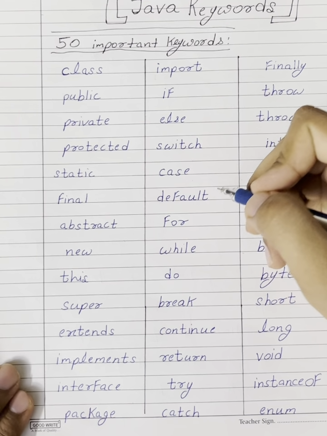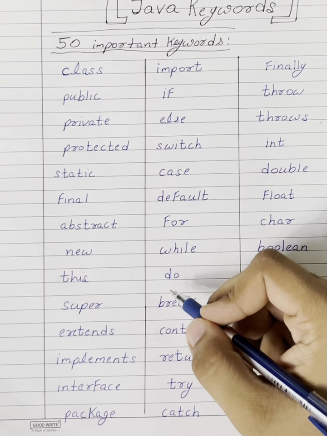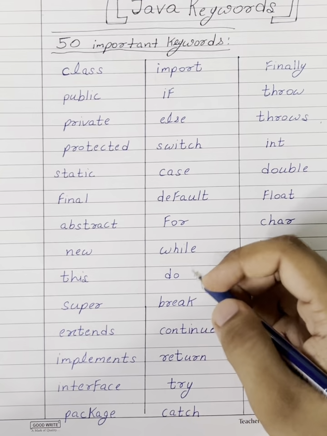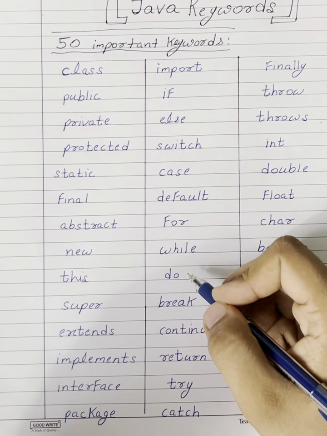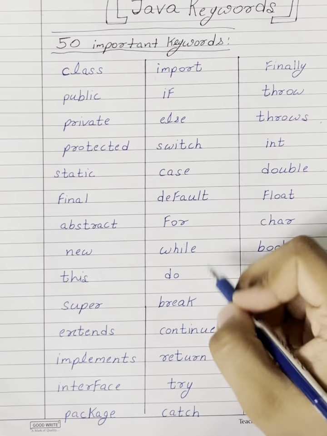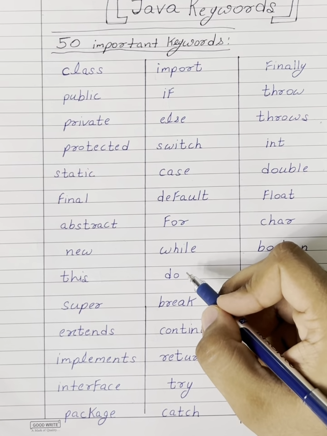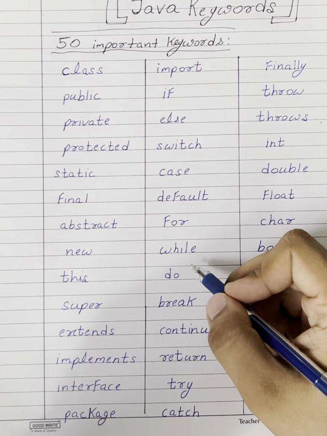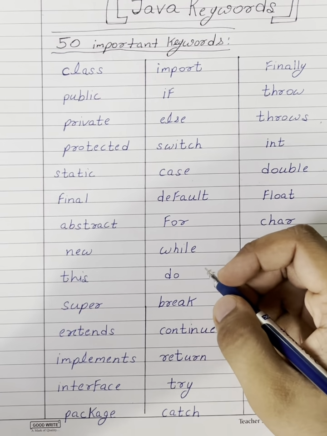Next is the do keyword. So guys, this do keyword is used with the while statement to create a do while loop. In this loop, the block of code is executed before the condition is evaluated.